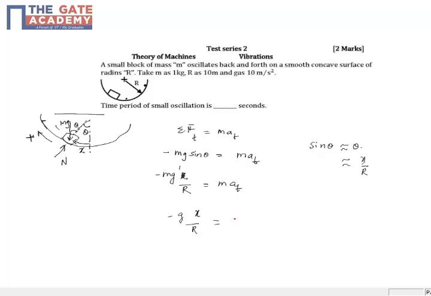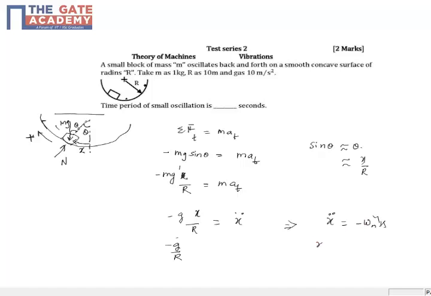Now a_t can be written as x double dot, because it is acceleration in the tangential direction. So x double dot equals minus g by r into x. To bring this into standard form, x double dot is minus omega n whole square into x.